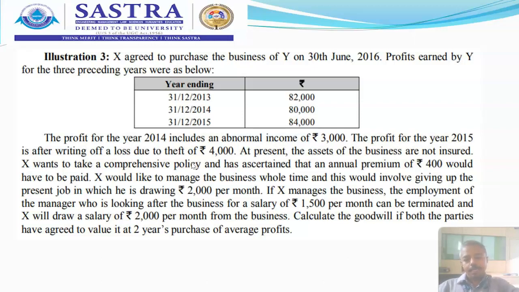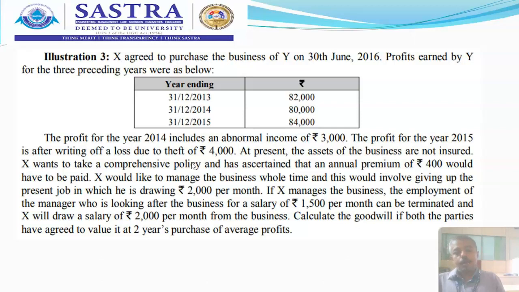Now year 3, we have a profit of rupees 84,000, which is given in the question. That's why I kept this screen, so that I can watch that question and write. So profit for the year 3, rupees 84,000. What are the adjustments we have with respect to this year 3? Yes, we have the loss due to the theft, which is abnormal and not going to continue.